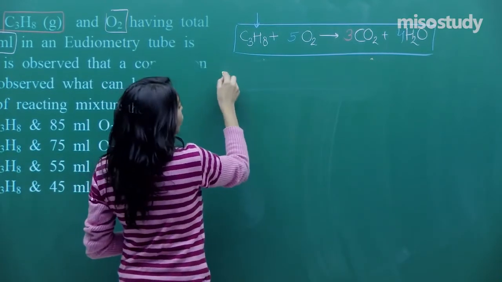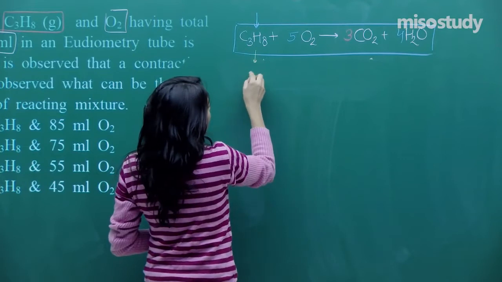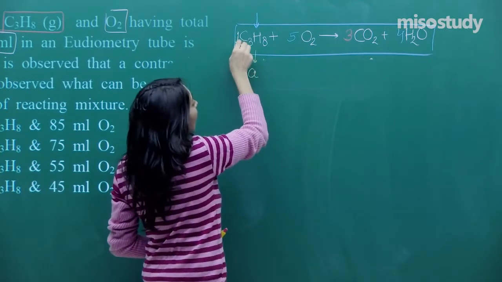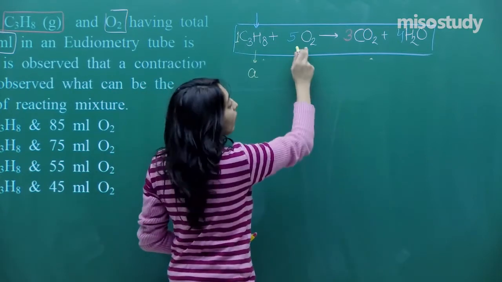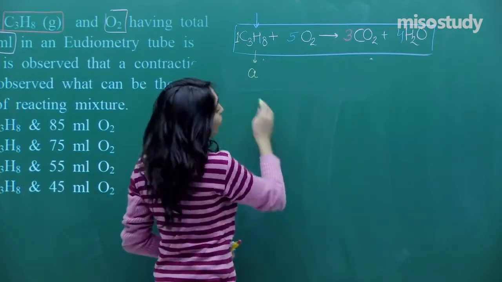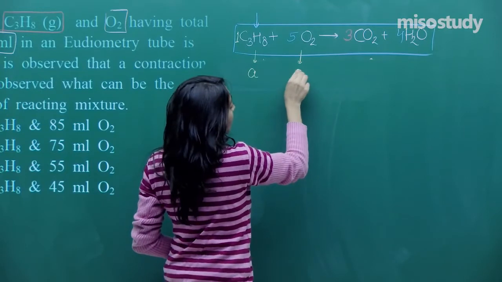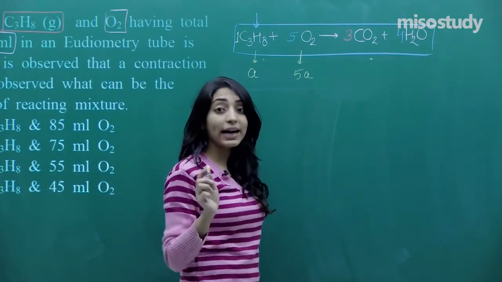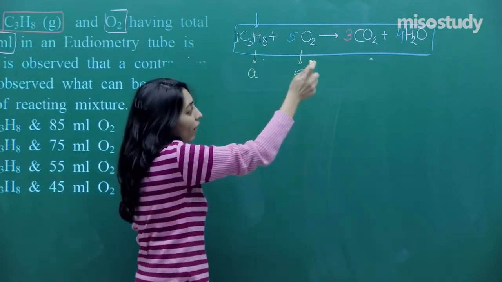So let's say initially A ml is reacting. If 1 ml reacts, 5 ml of O2 will react, so if A reacts, 5A will be reacting. Oxygen is there in extra amount also, but how much is reacting? 5A.